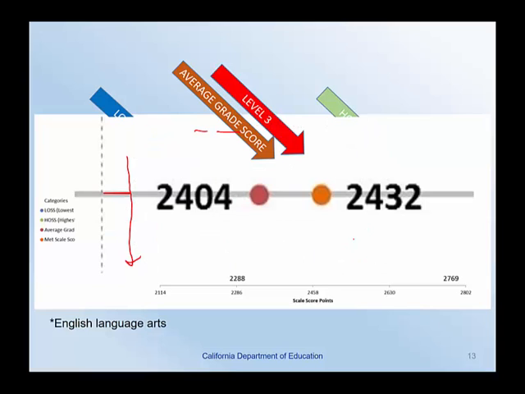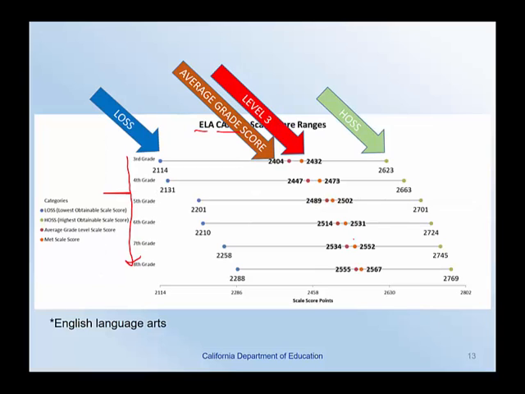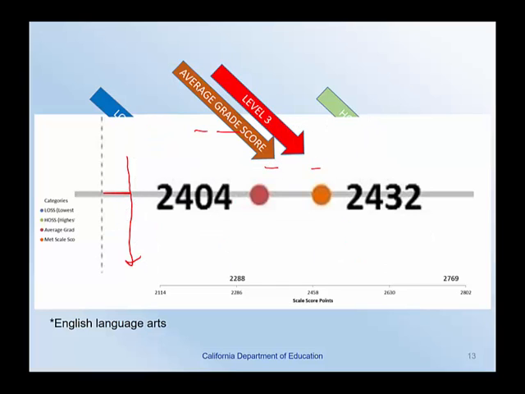And here is the previous slide, just taking the 2404 and the 2432 and highlighting those at a greater level, blowing that up here. There's the 2404, that's the average grade MET average score, and this is level 3. Again, these are your students.